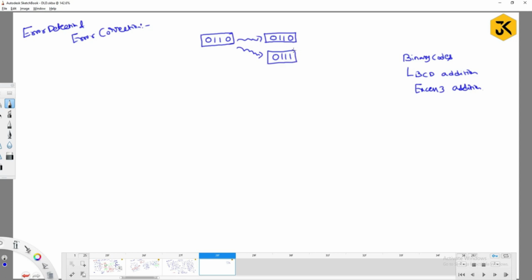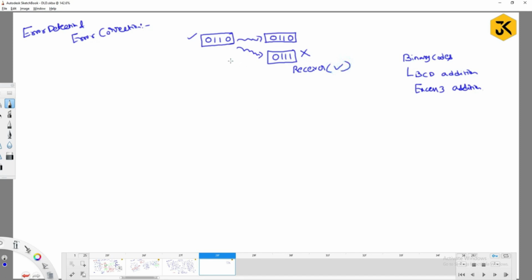The sender is sending 0110, the receiver is getting 0111, which is actually incorrect, but the receiver doesn't know, and thinks that this 0111 is also correct.